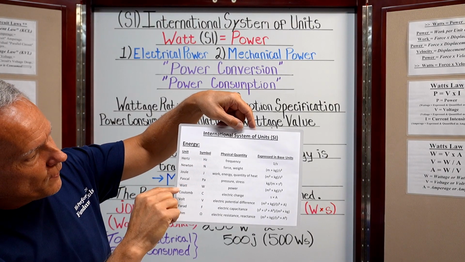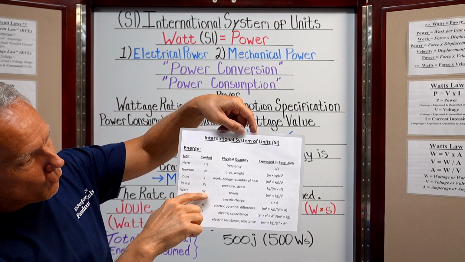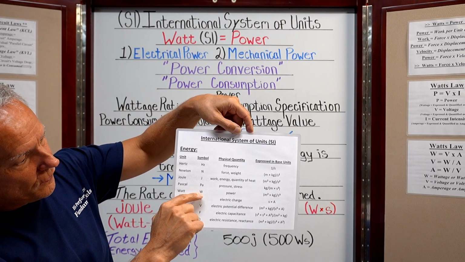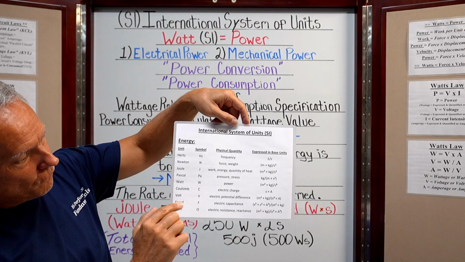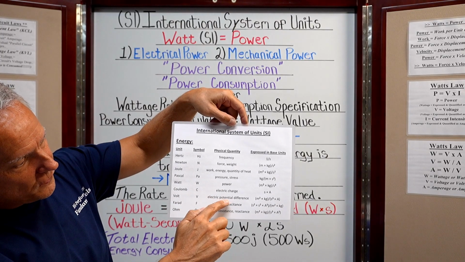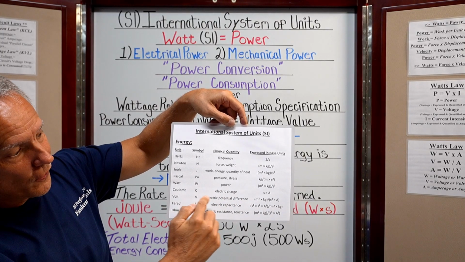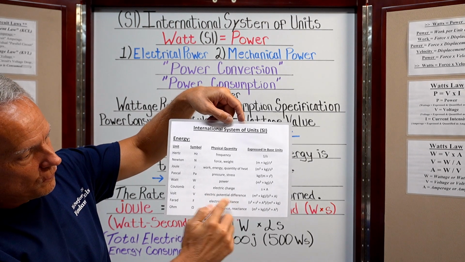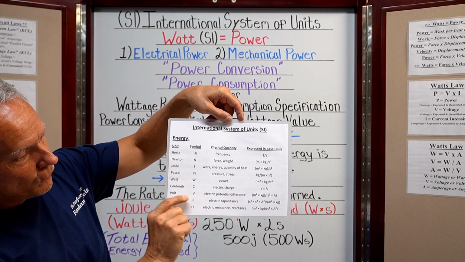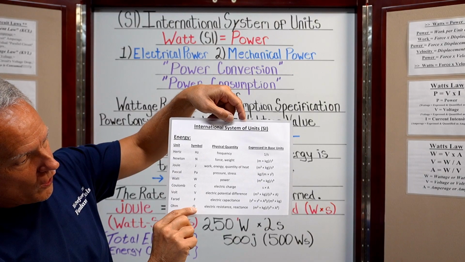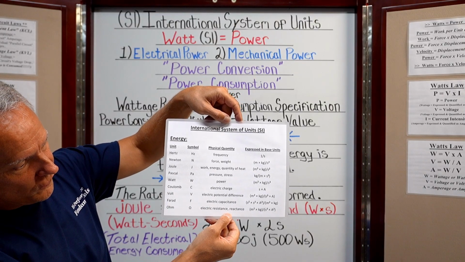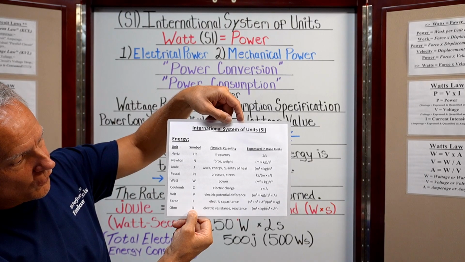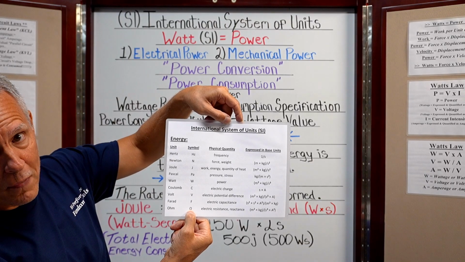For example, let's break it down. The watt, what we're talking about today: the unit for power is the watt, capital W. Or the volt, electric potential difference, or electromotive force, or voltage. The unit is volt, capital V. And the ohm, electrical resistance or reactance, the unit is ohm, which uses the Greek letter omega.